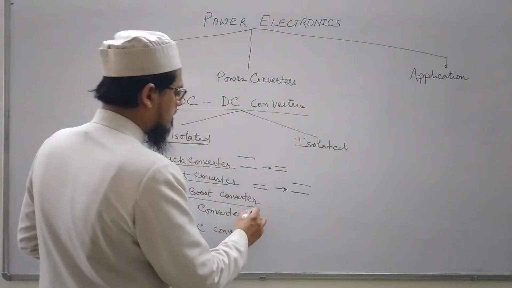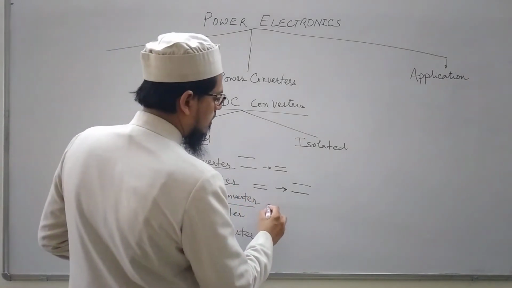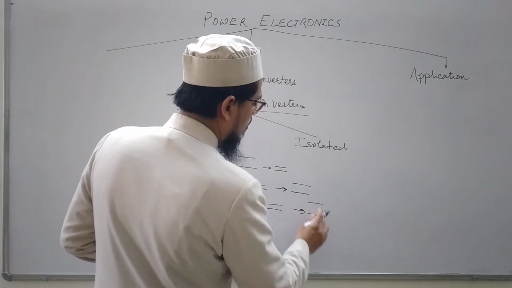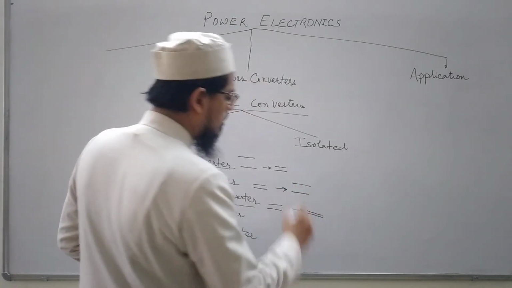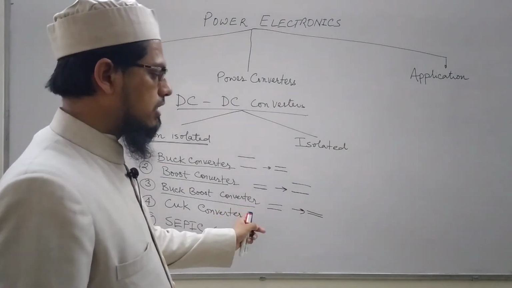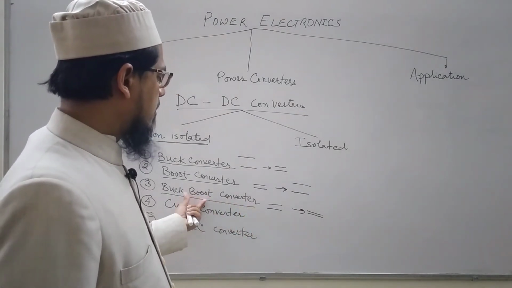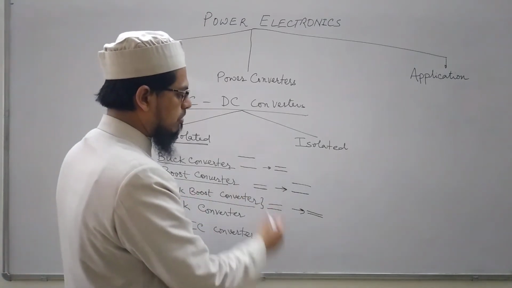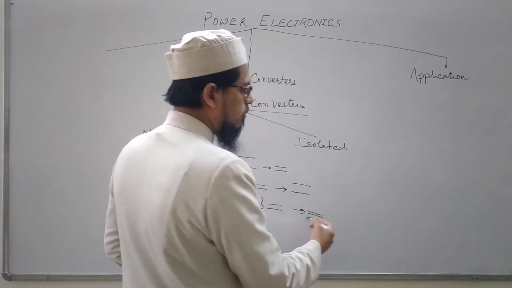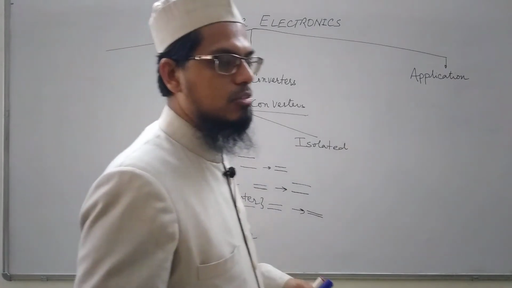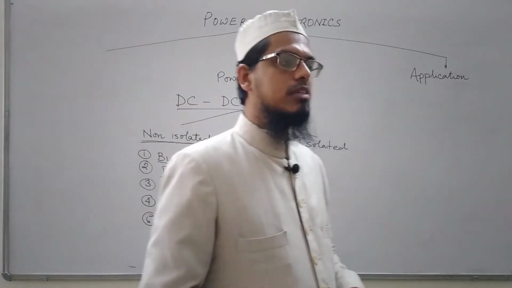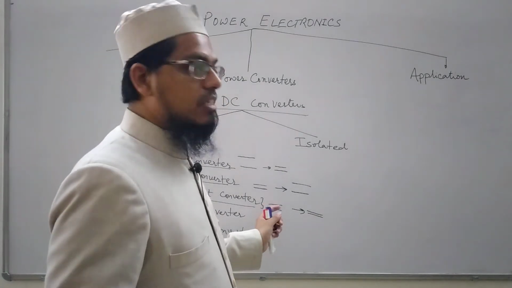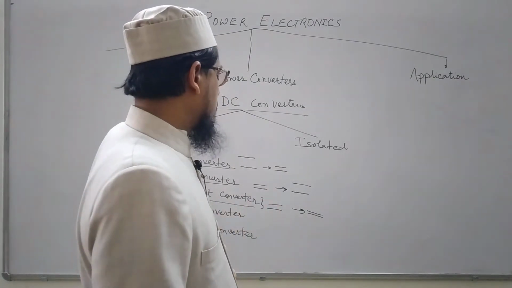And buck boost, as the name suggests, can convert the voltage into a higher or a lower magnitude. So both things can be achieved with this buck boost converter. But there is a disadvantage with the buck boost converter: the output voltage polarity reverses. We'll talk about it in detail when we discuss the buck boost converter.